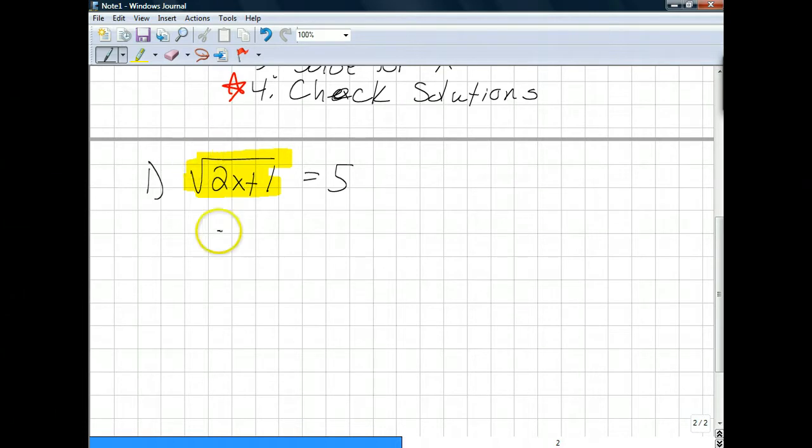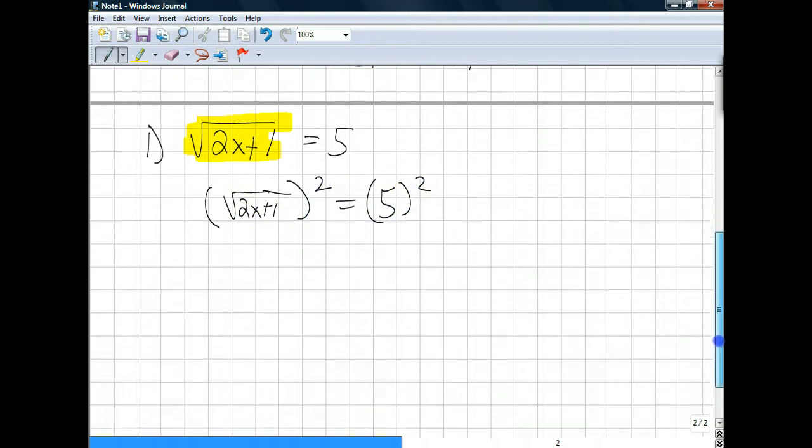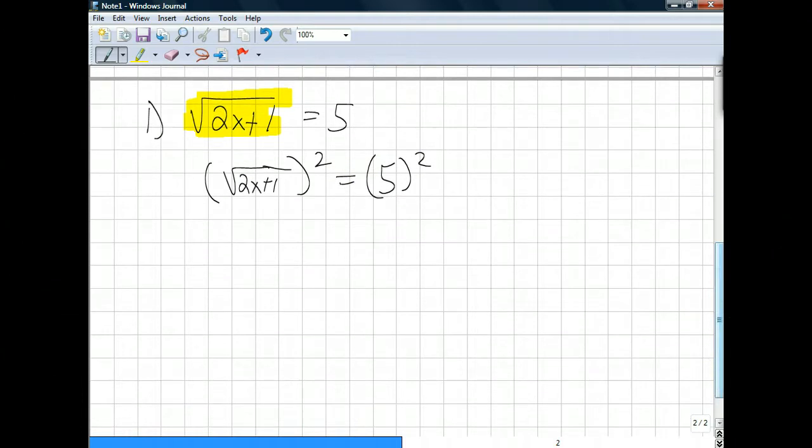And in this case, the index is 2. So I'm going to take the square root of 2x plus 1, and I'm going to square that. But if I do that to that side, I have to square the other side. So when I square this side, then all I get is what's inside the radical, so 2x plus 1.